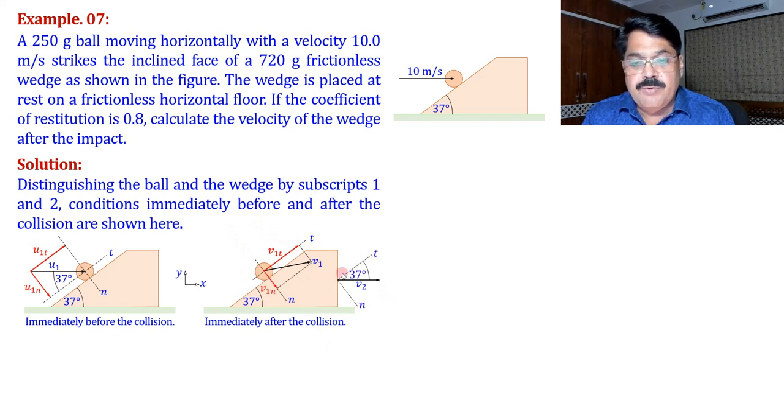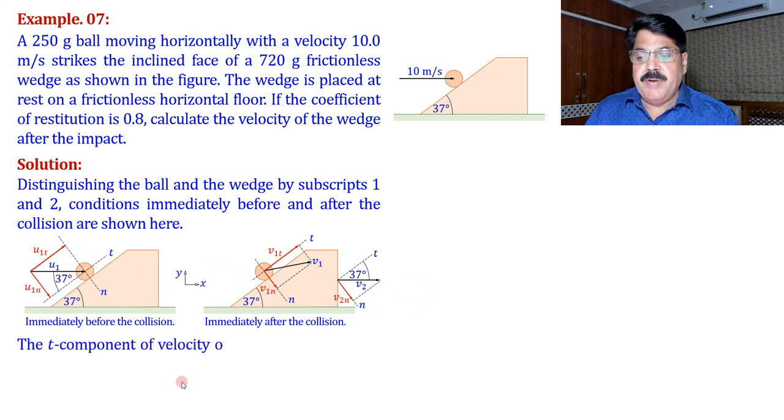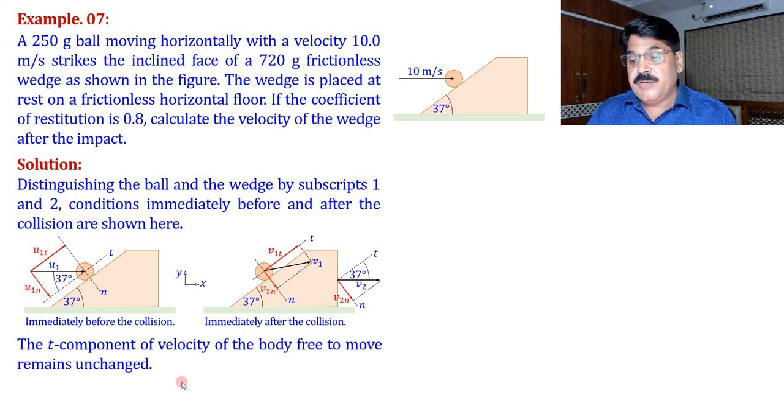No need to show the T component, so here the N component of V2 is V2N. Now we have shown all the relevant components. Here we know that the tangential component will remain the same, so let us first deduce their values. The T component of the velocity of the body free to move remains unchanged. So what can we write here? V1T is equal to U1T, and U1T is what?